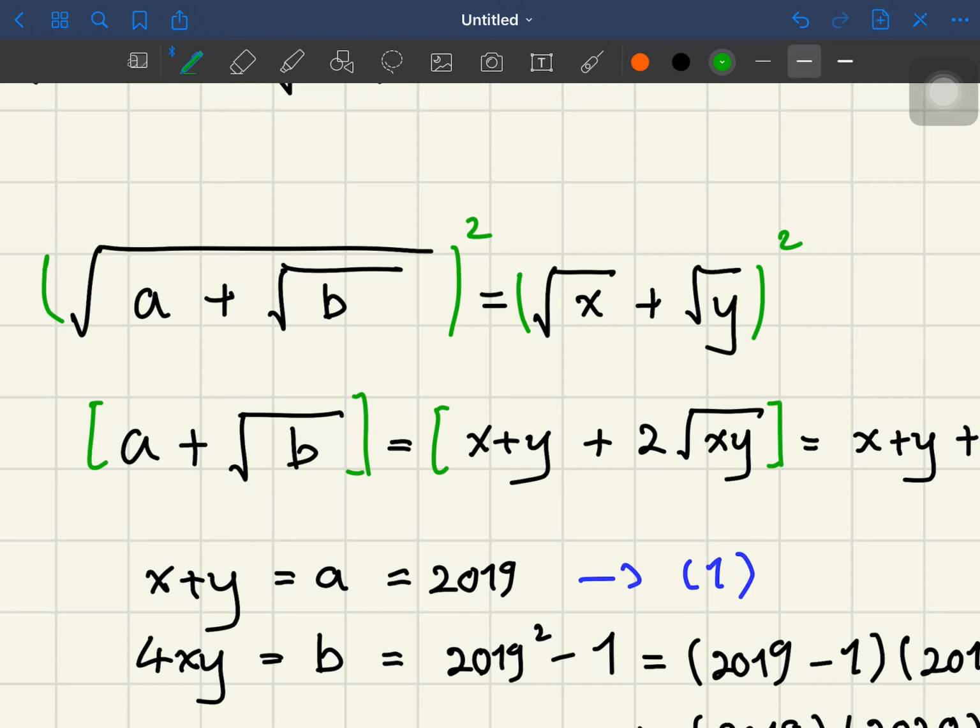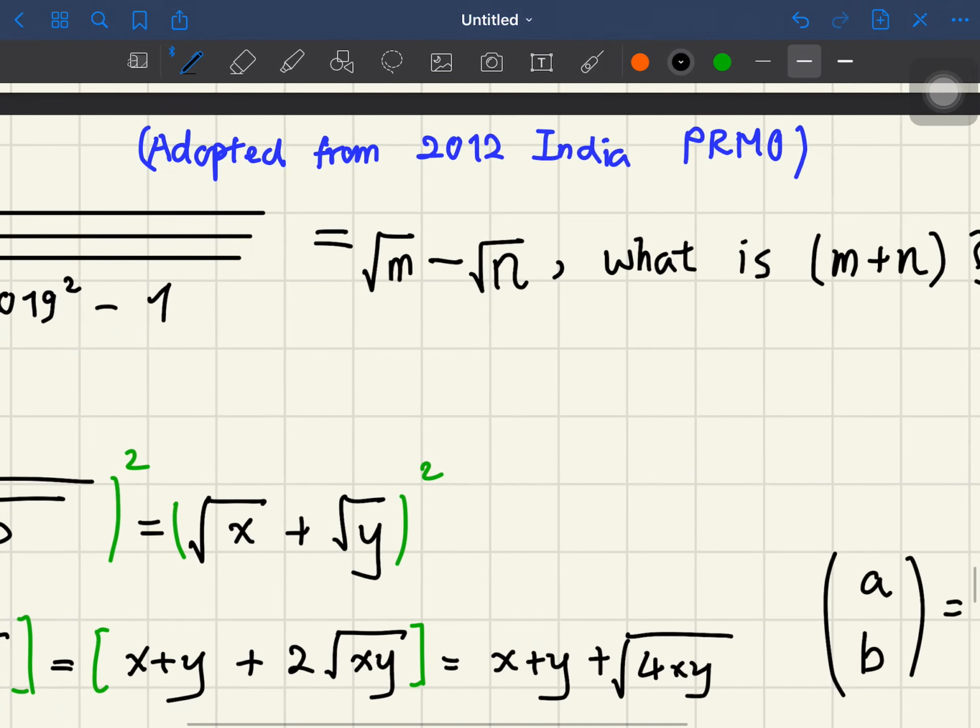The second one is when you have something like a fractional surd.